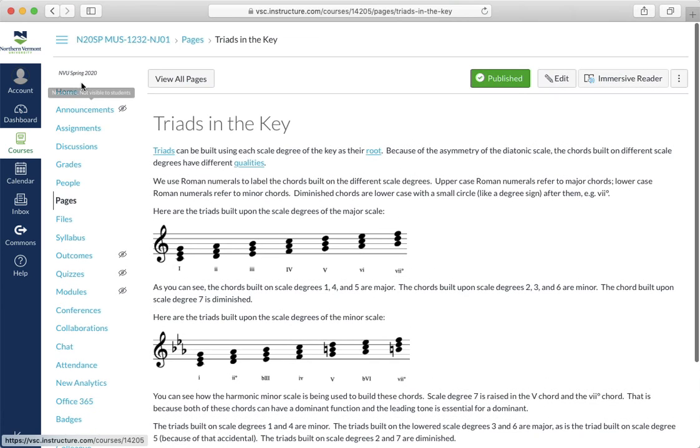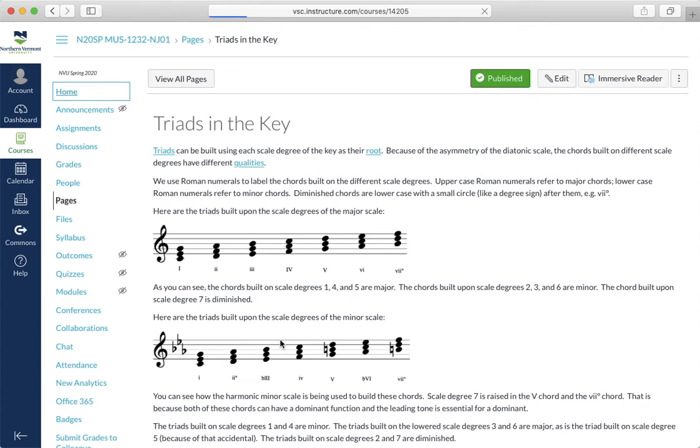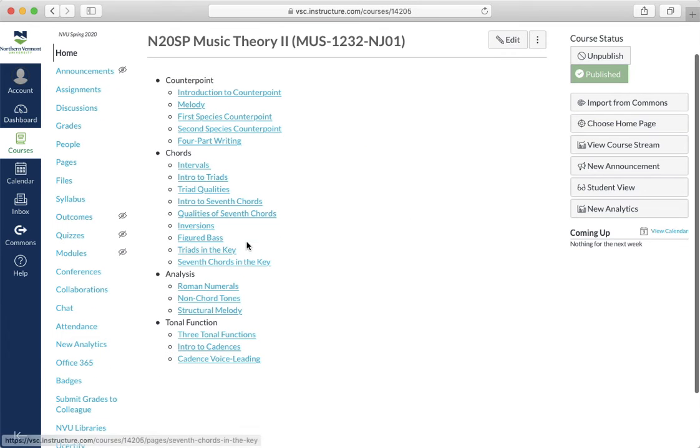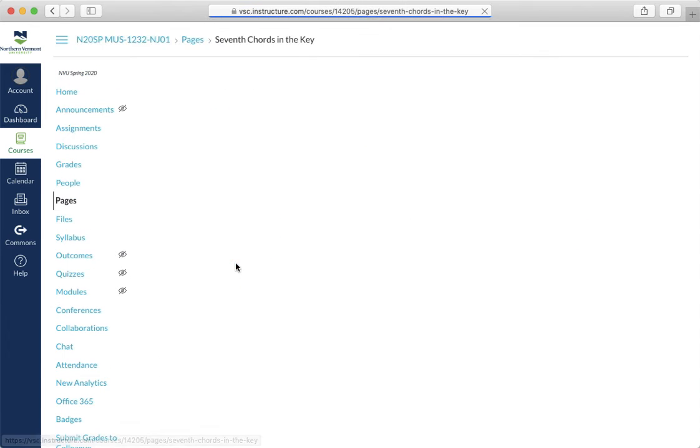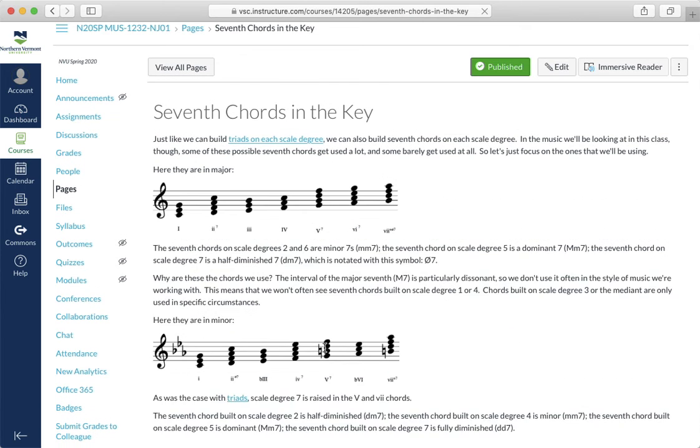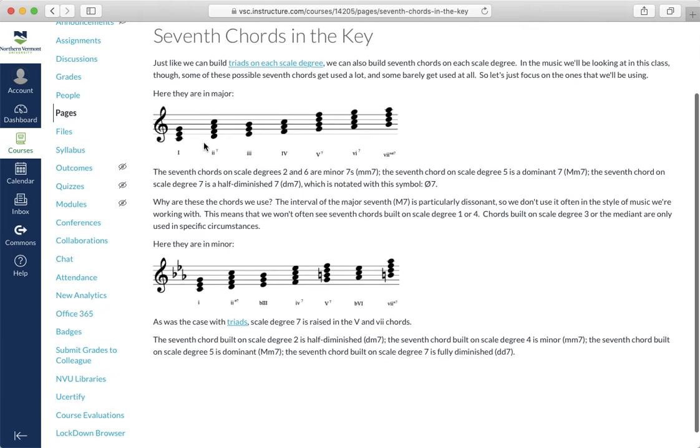And there's also some discussion of seventh chords in the key. In that section, I really only focus on the seventh chords that we'll actually see, not all the ones that are hypothetically possible.